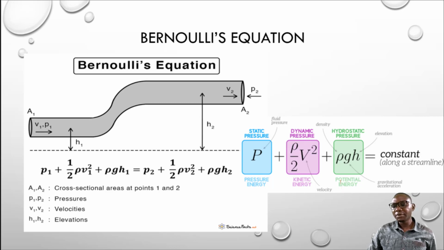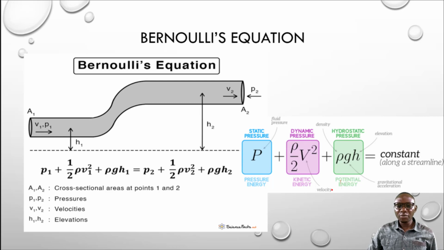The Bernoulli equation can be derived from the principle of conservation of energy, which states that the sum of all forms of energy in a fluid remains constant at any point in time. So this means that as the speed of the fluid increases, the kinetic energy increases while its potential energy and internal energy decrease.